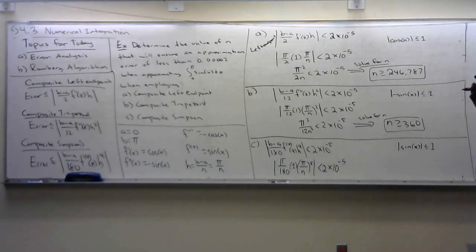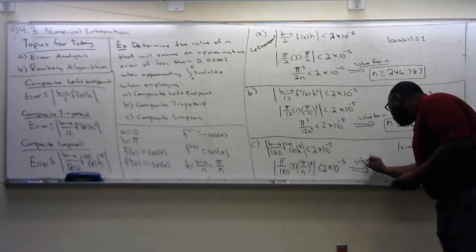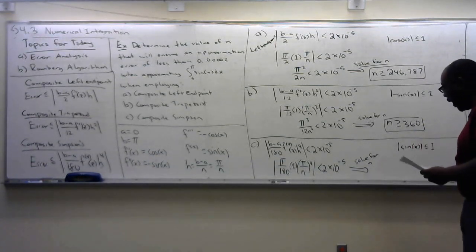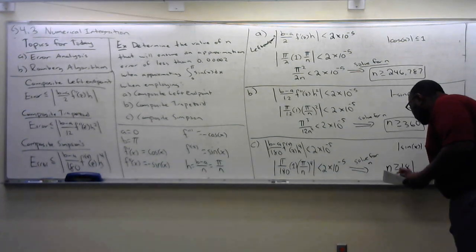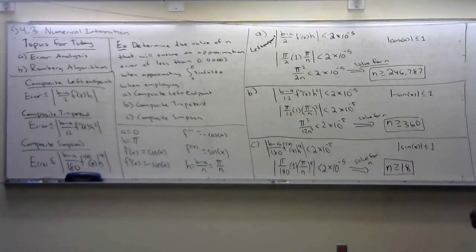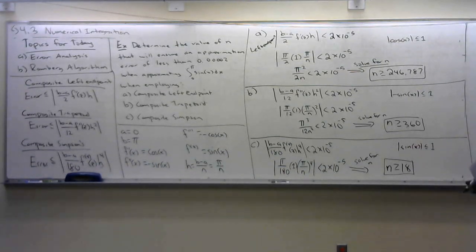And if I calculate that, use my calculator, solve for n, I have n is greater than or equal to 18. That's what I need. So pretty neat, right? Simpson rule only needs you to break it up into 18 subintervals.